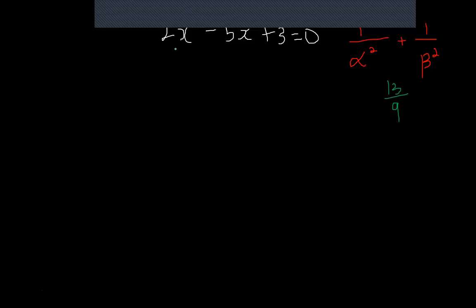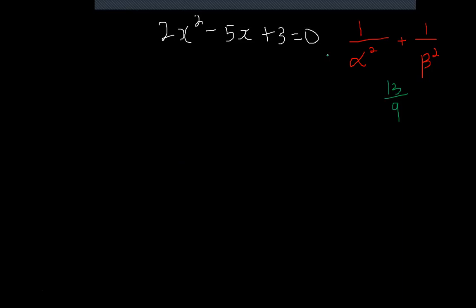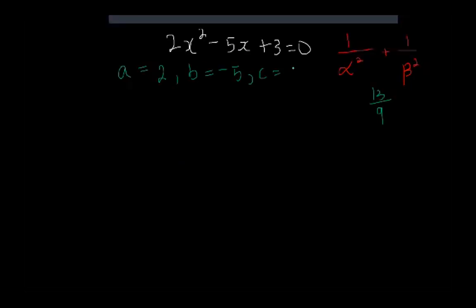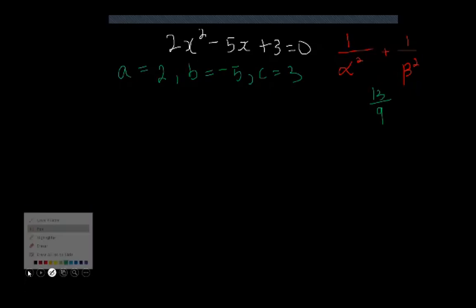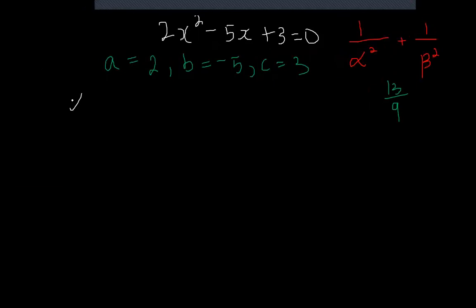All right, let's just do it. So first, make sure it's equal to 0. This is already equal to 0, right? Yes. A, B, C. A is 2, B is -5, and C is 3. We need to find alpha plus beta and alpha beta.